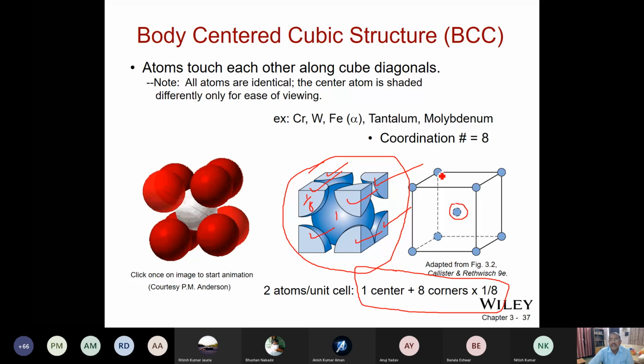But if I consider any one of the corner atoms, how many nearest neighbors are there? The answer is 8. You do the calculation in front of you, take the notebook, draw the things, you will come with the answer 8.